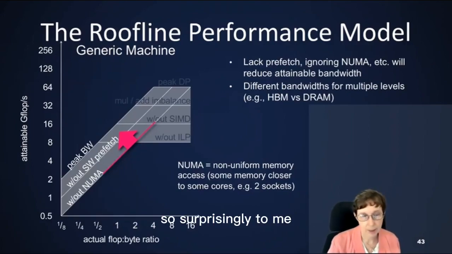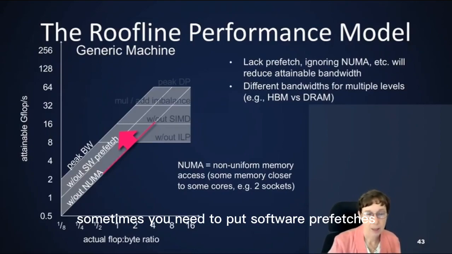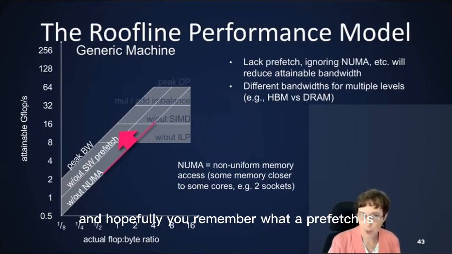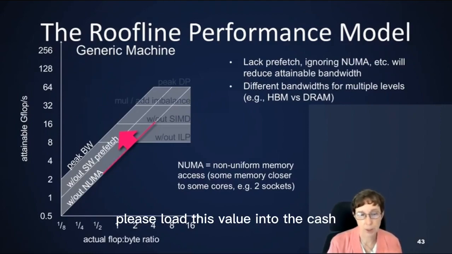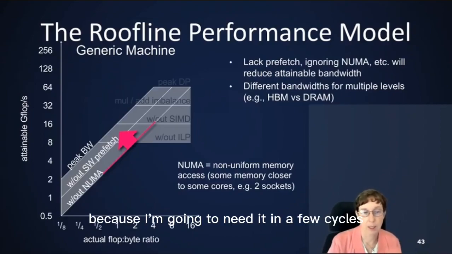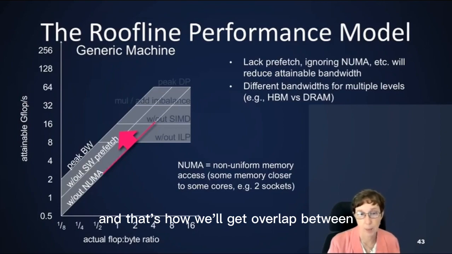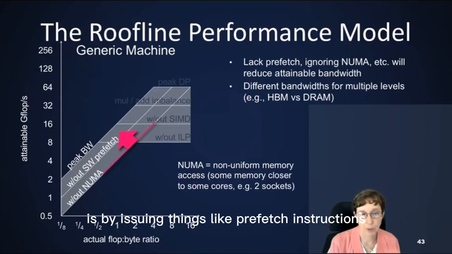Surprisingly to me, even sometimes when you're running at unit stride, you need to put in software prefetches, and hopefully you remember what a prefetch is from 61C. A prefetch means an instruction that says, please load this value into the cache. I'm not actually using it right now, but load it because I'm going to need it in a few cycles. And that's how we'll get overlap between the arithmetic units and the bandwidth, by issuing things like prefetch instructions.